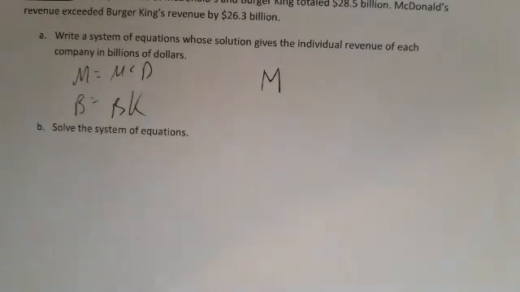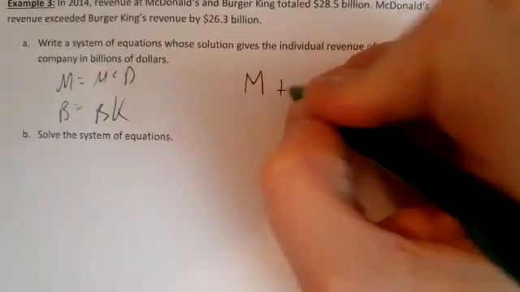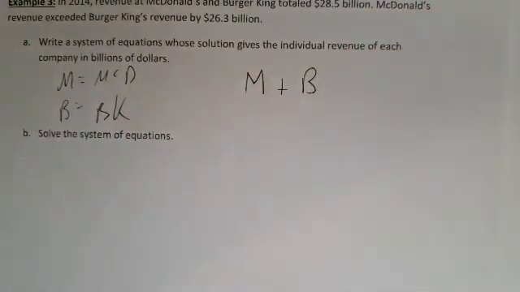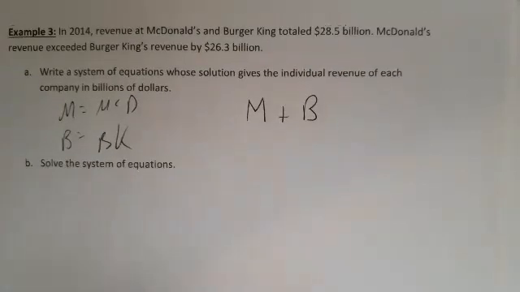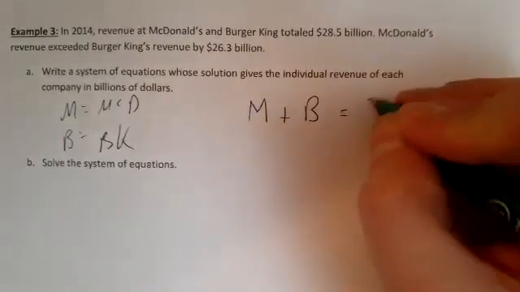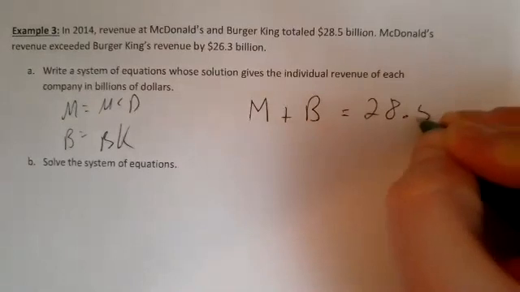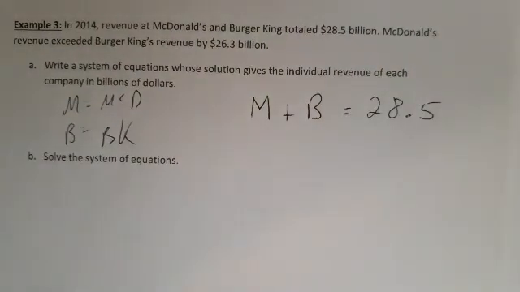It will help you in the end. It will help you when you finally solve things to go back and know what you're talking about. So McDonald's and Burger King. So M and B, if I put their two revenues together, they should total those things.